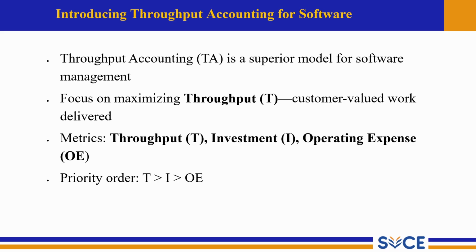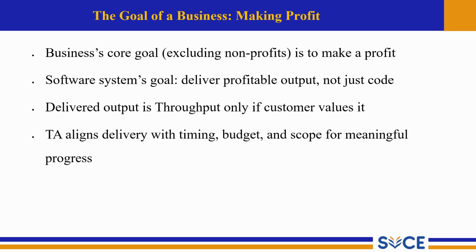So next we will move into the goal of business: making profit. The core goal of a business, excluding non-profits, is to make a profit. This means software development should create value that customers are willing to pay for. The software system goal is to deliver profitable output, not just code.